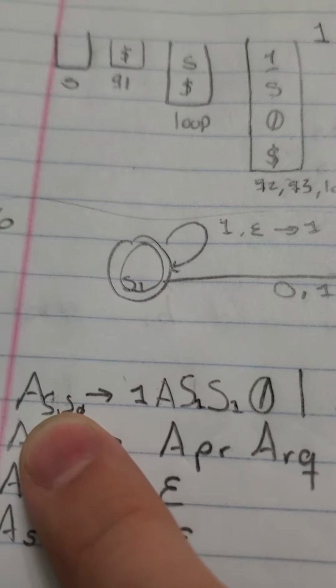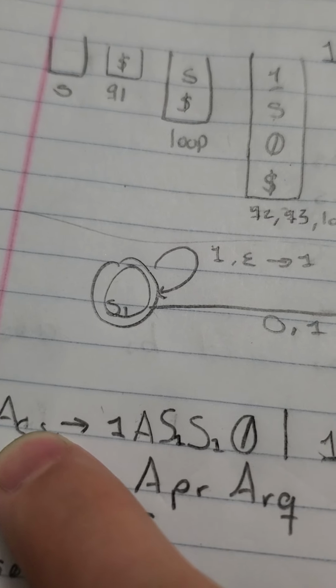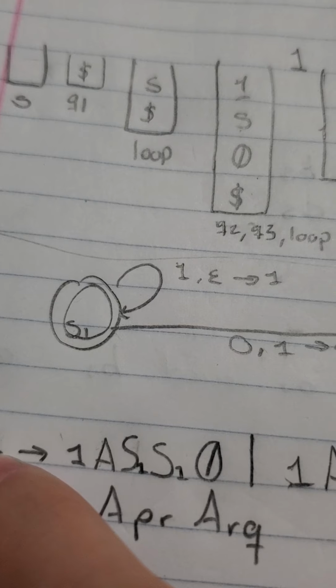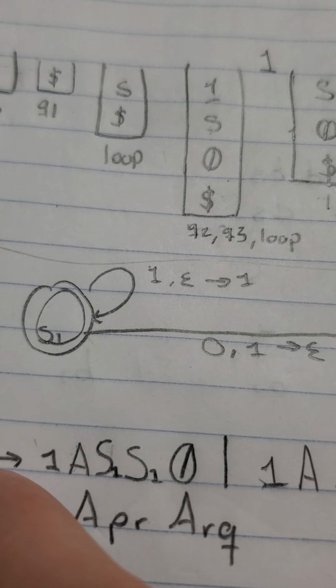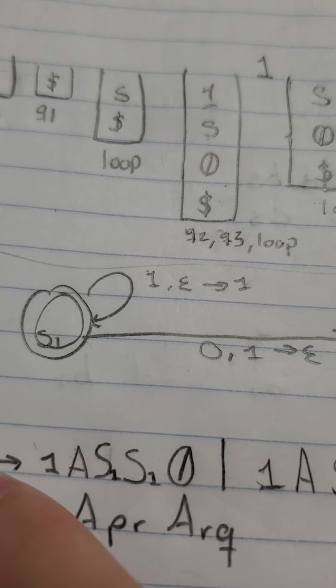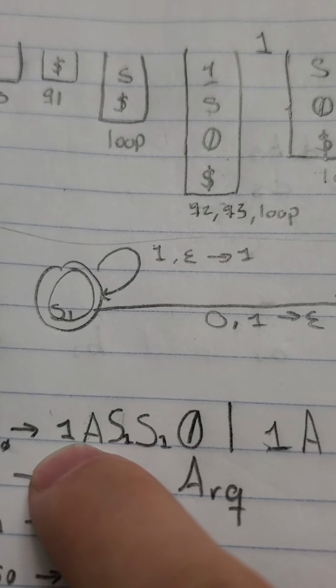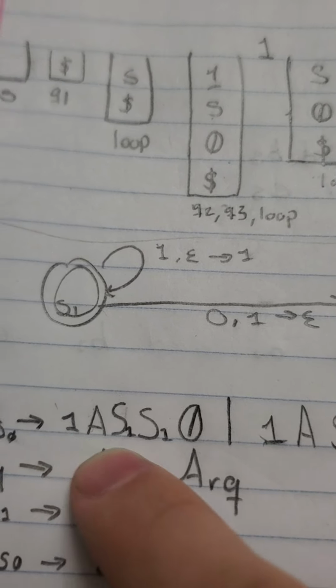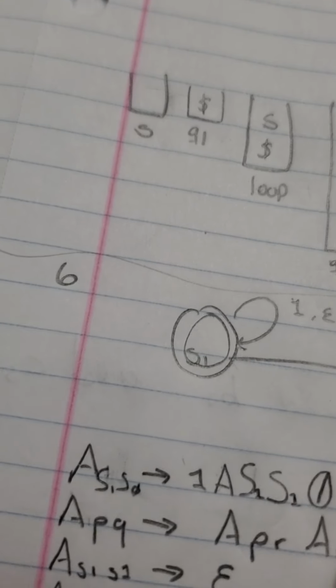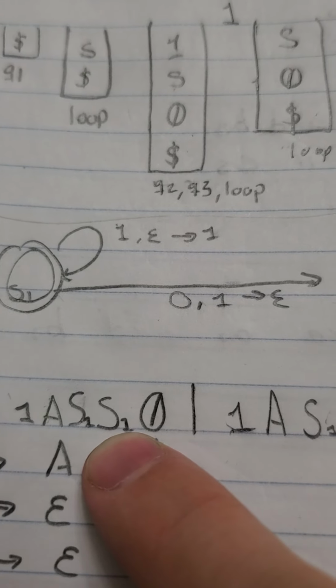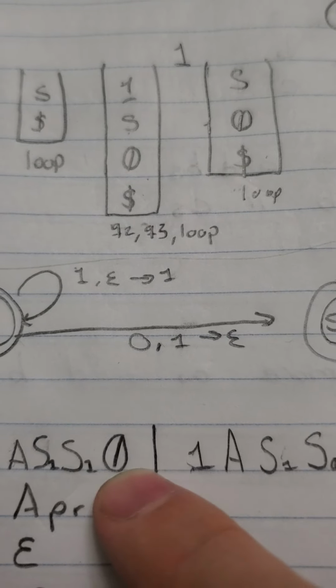So my first rule should be APQ, which is the one that I'm doing, should be A, which is this one, which is 1, A again, which is the symbol A, R, RS, and then my B, which is 0.